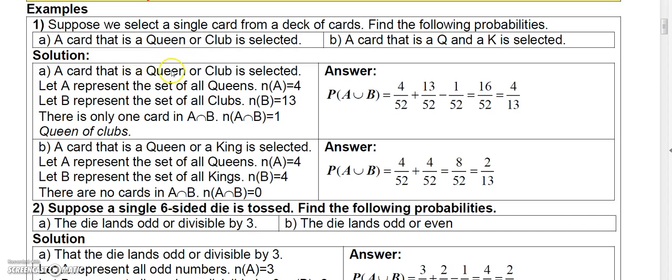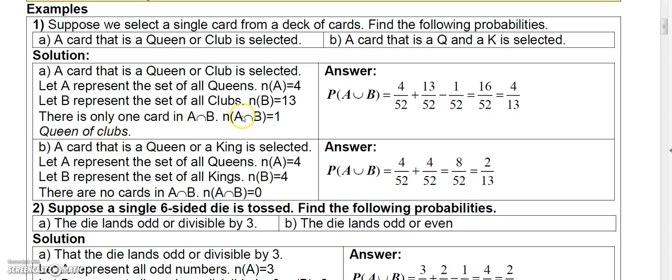I'm going to let A represent the set of all queens, and we know there are 4 queens in a deck. I'm going to let B represent the set of all clubs, and we know there are 13 clubs in a deck. Then I'm going to let A intersect B represent the set of cards that are both queens and clubs. There's only one of those in a deck, and that would be the queen of clubs right here.